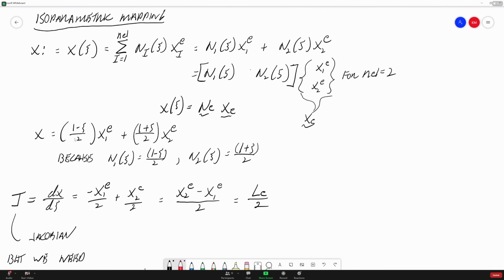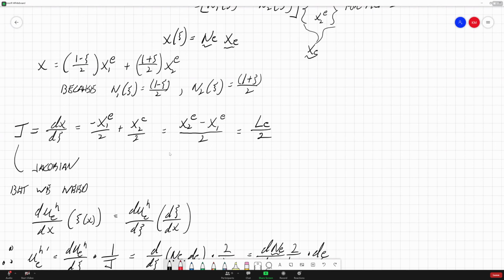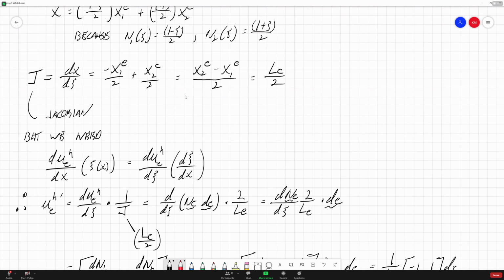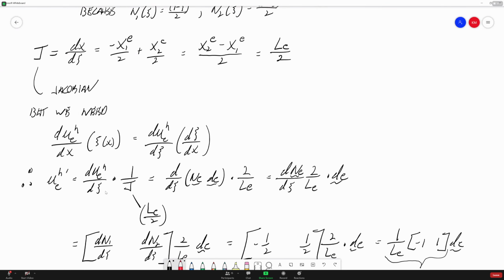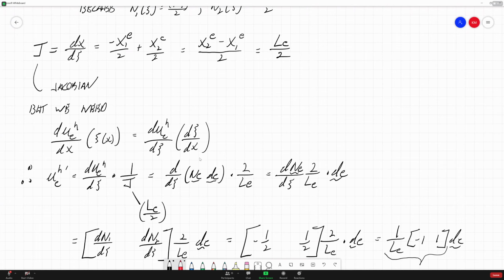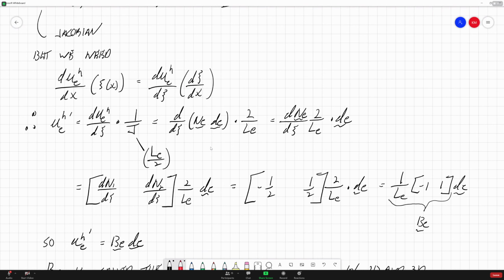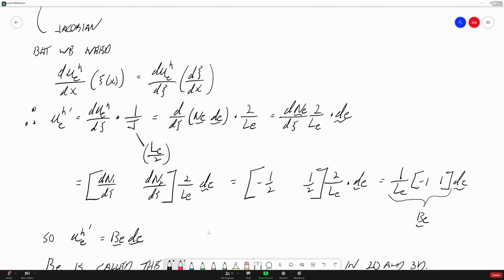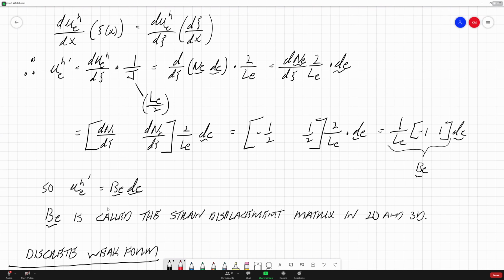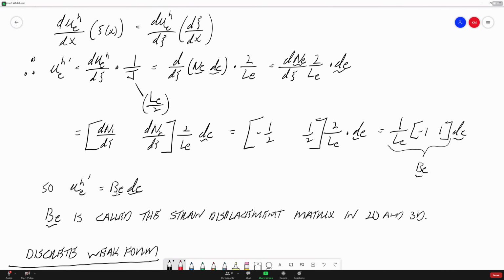So we know what that looks like. And when we take the derivative of that, we get this thing called a Jacobian that we're then going to plug back into our Rayleigh-Ritz method.